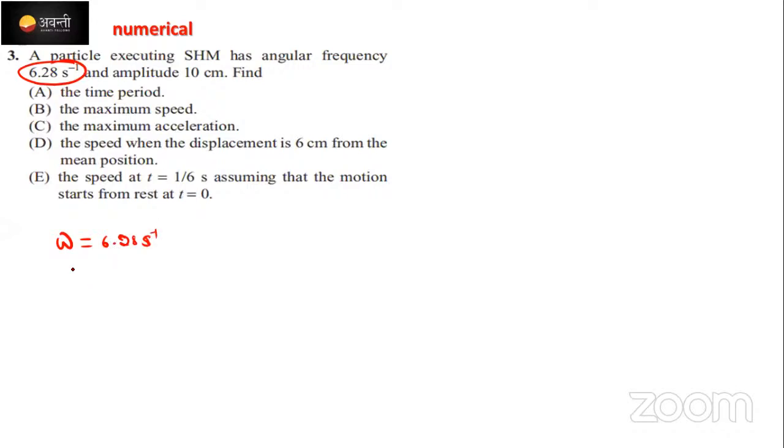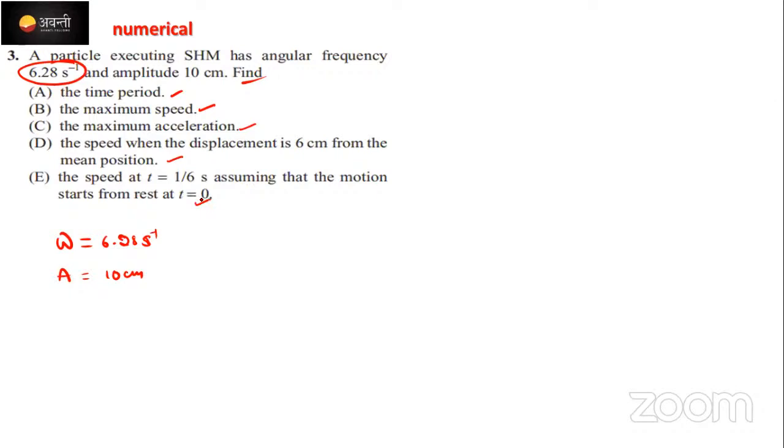What does angular frequency mean? It is omega. The amplitude is 10 centimeter. We need to find out the time period, maximum speed, maximum acceleration, the speed when the displacement is 6 centimeter from the mean position, and last one, the speed at t is equal to 1 by 6 second, assuming that motion starts from rest at t is equal to 0.